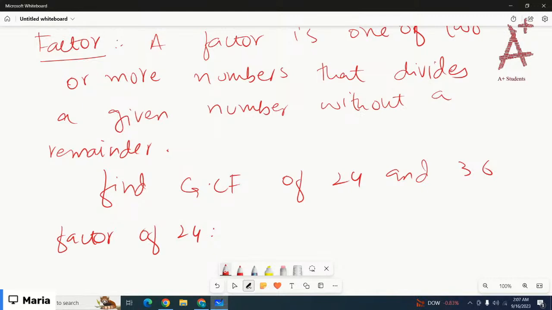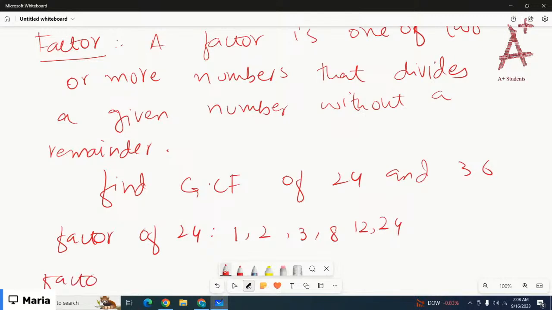The factors of 24 are: 1 times 24 is 24, 2 and 12 because 2 times 12 makes 24, then 3 and 8. These are all the factors of 24.